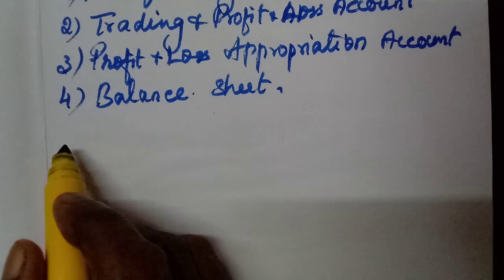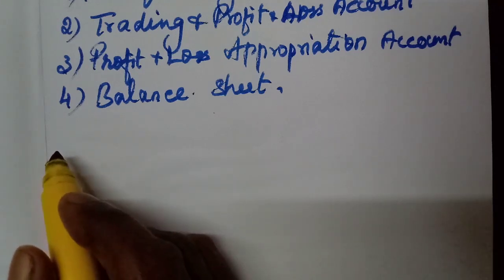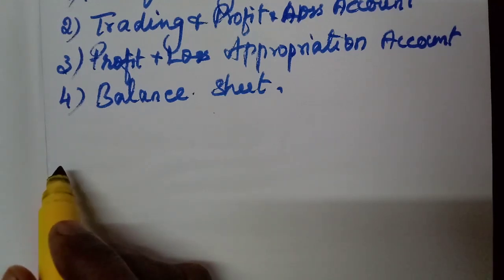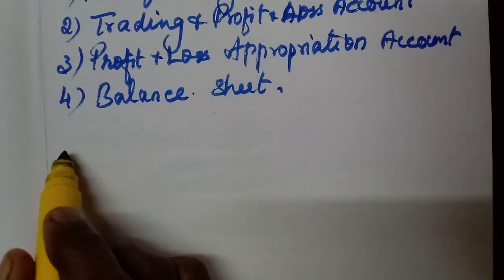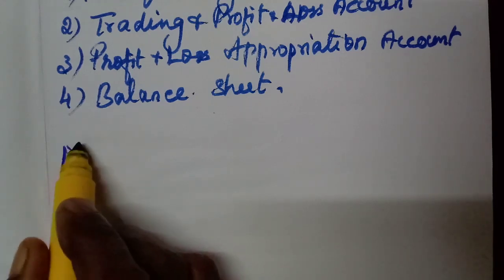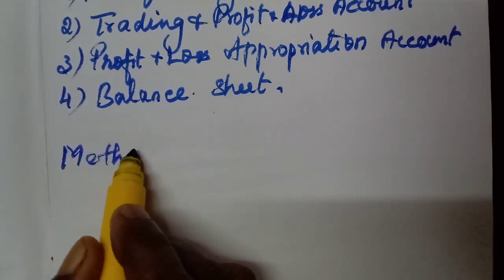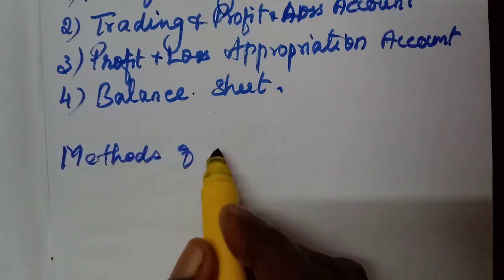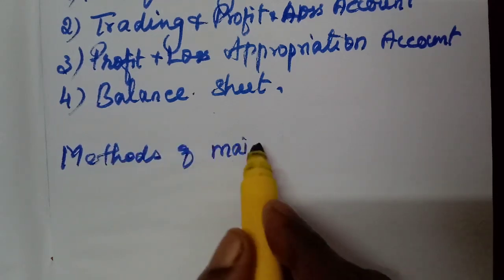First we will learn the capital accounts of the partners. That is the main thing we have to learn. There are two methods of maintaining capital accounts in partnership form.